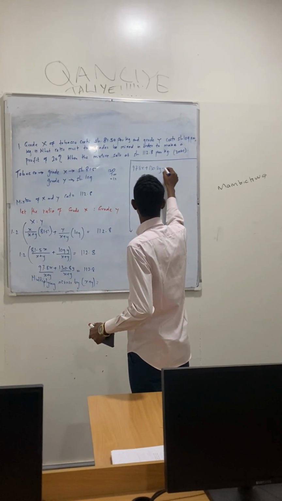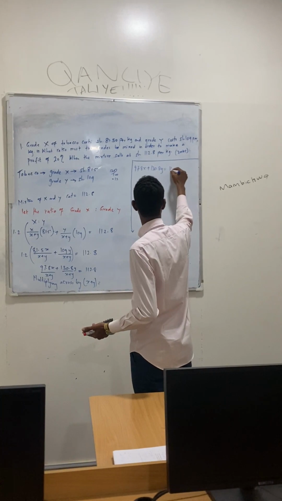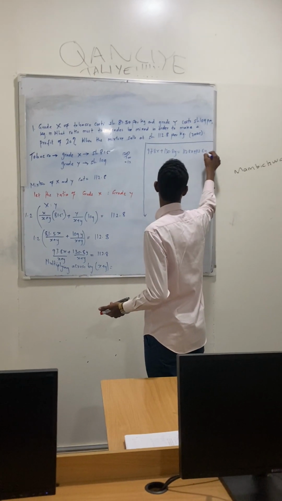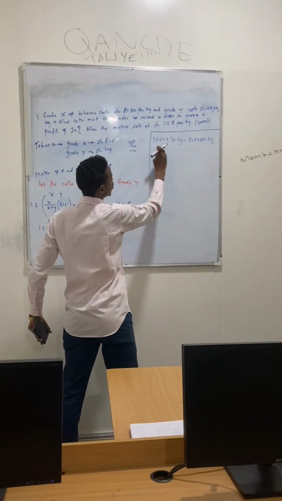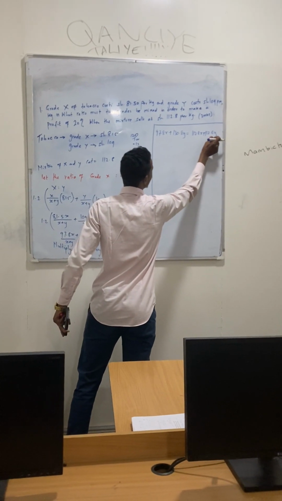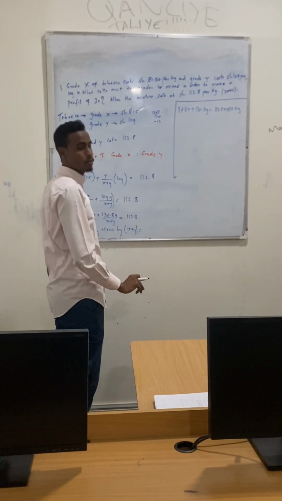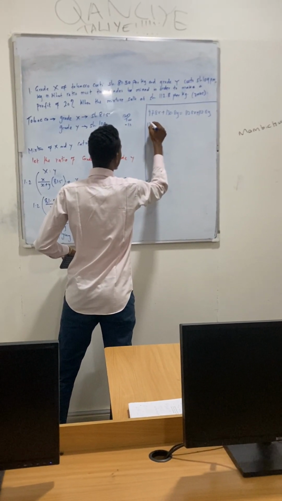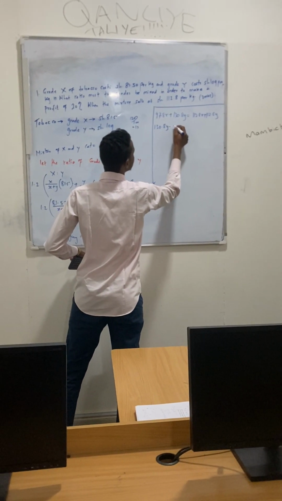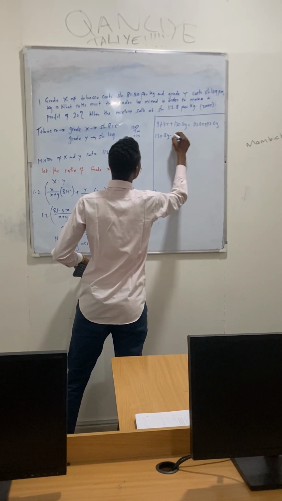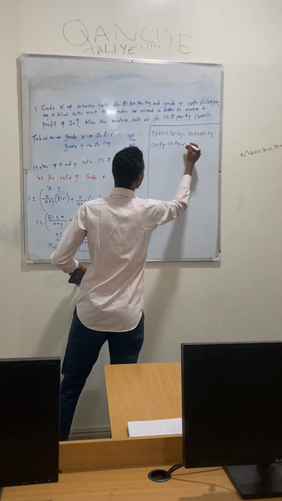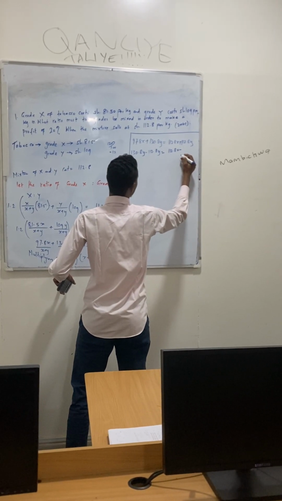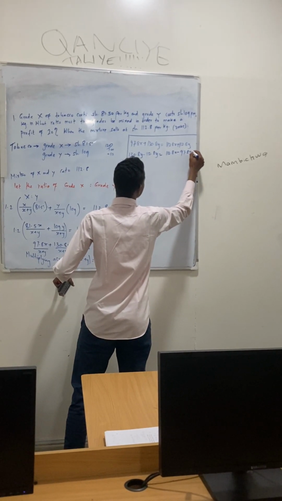equal to 112.8x plus 112.8y. Now we have 112.8x and we also have 112.8y. Let's now group the like terms together. How do you do this? Let's bring this on top: 130.8y minus 112.8y equals 112.8x subtracted from 97.8x as well.